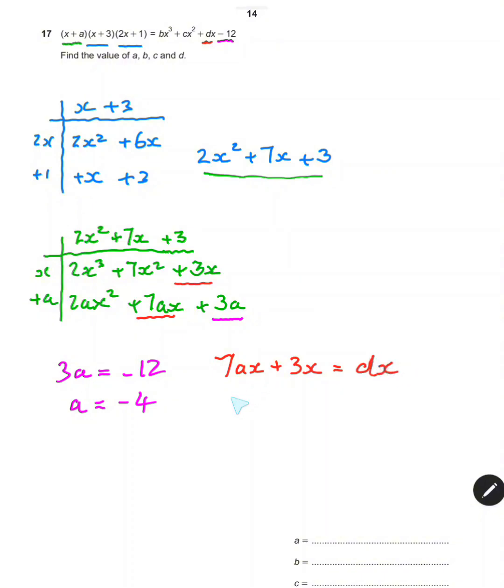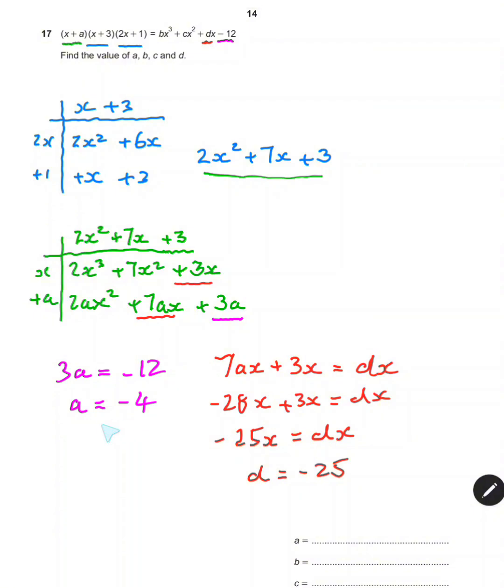Well, we know that a is minus 4, so this becomes 7 times minus 4, which is minus 28, and 7ax would be minus 28x. I'm going to add on the 3x, and that's still the same as dx. Minus 28 add 3 is minus 25. So minus 25x is the same as dx. D must be minus 25.